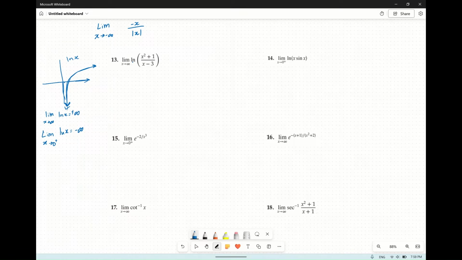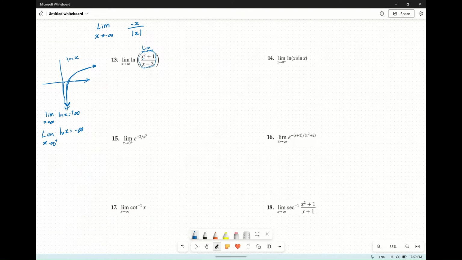Now we start from here. ln of (x squared plus 1) over (x minus 3), limit as x approaches infinity. So now from properties of limit, I can find the limit of this one first, and then find ln of this. So what is the limit as x approaches infinity for this thing inside?